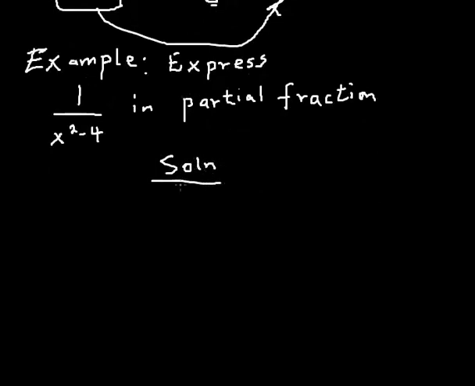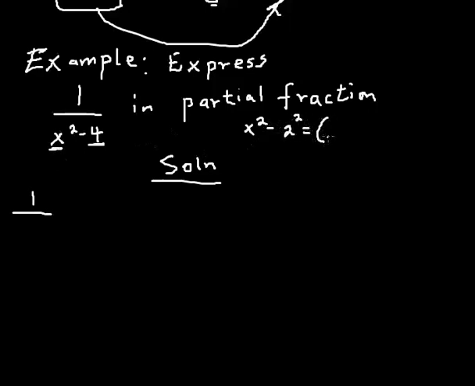But first of all, the denominator of this fraction, we need to express it as a product of two factors. Remember, this is a difference of two squares. x squared minus 4 is x squared minus 2 squared, so this is a difference of two squares.